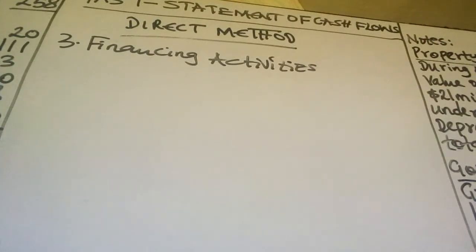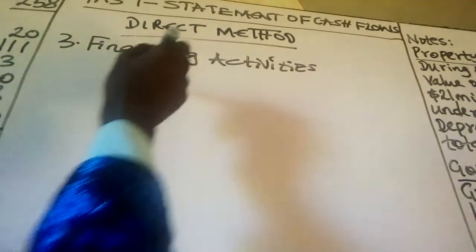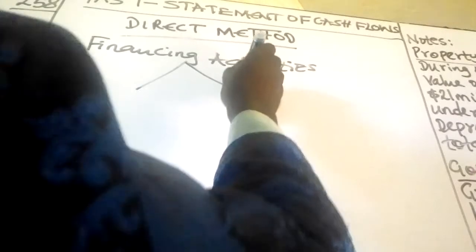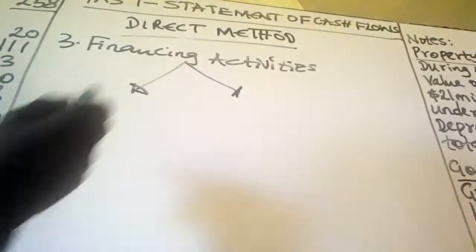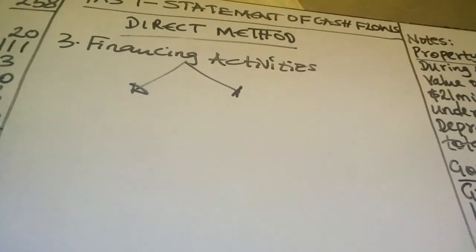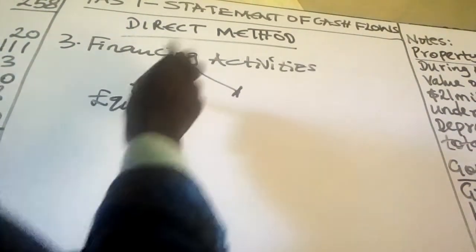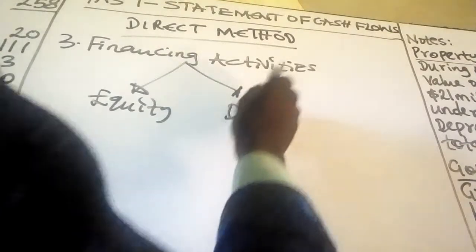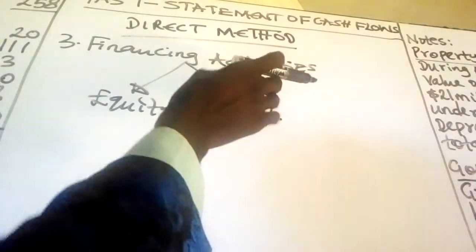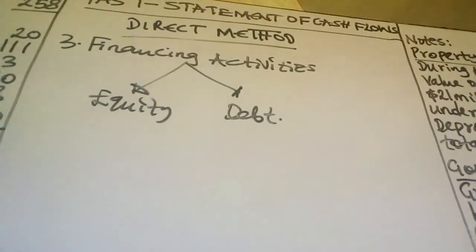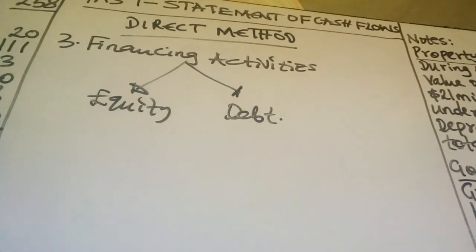The business may be financed with a composition of both equity and debt. By debt, we mean the long-term borrowings, long-term debt.